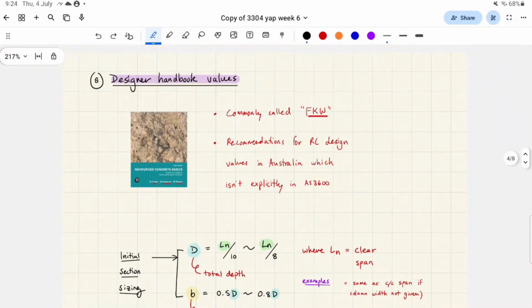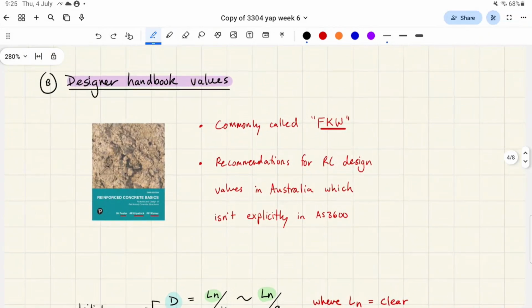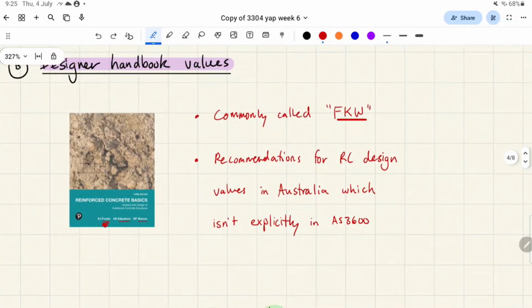So basically now I'm going to move on to the design handbook. This is Stephen Foster's biggest fan. This book is sometimes abbreviated to FKW, for the authors' names. And it's just recommended designer values that aren't explicitly in AS3600.